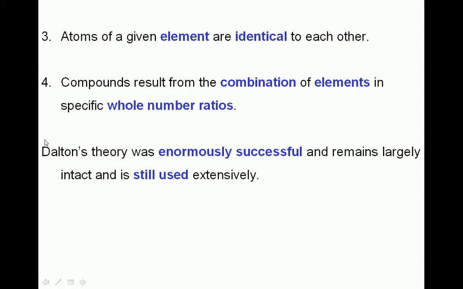A specific ratio indicates a specific compound, and there must be whole number ratios because atoms are indivisible. So while modern theory at times diverges from Dalton's ideas, Dalton's theory has been enormously successful and explains a huge amount of the chemistry that we observe and is still used extensively today.